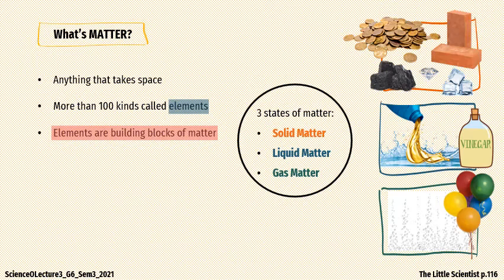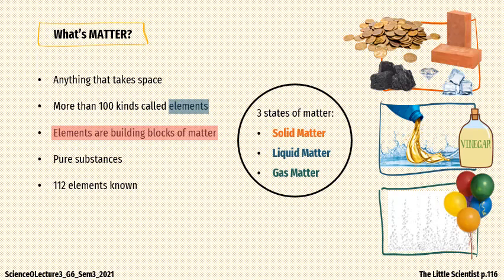So, what is the most simple form of matter? It is the element. Elements are pure. They cannot be separated into simpler substances. They are the most simple form of matter, and they build the matter around us. There are a total of 112 elements known.